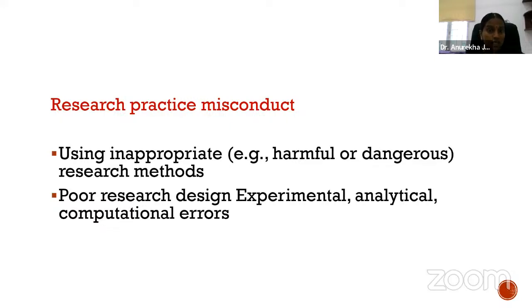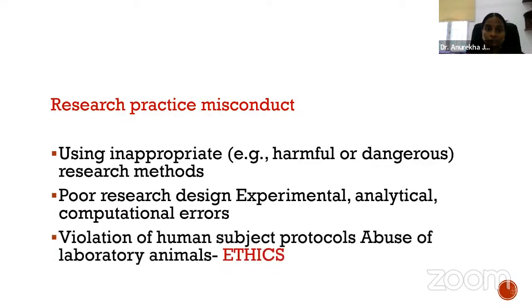Instead, you can use a different form of treatment method, which is of lesser benefit or nearly equal benefit or something like that. But if you're using a placebo with an established treatment arm, that is also a research practice misconduct. And everywhere, the violation of human subject protocols or the abuse of laboratory animals is prohibited.